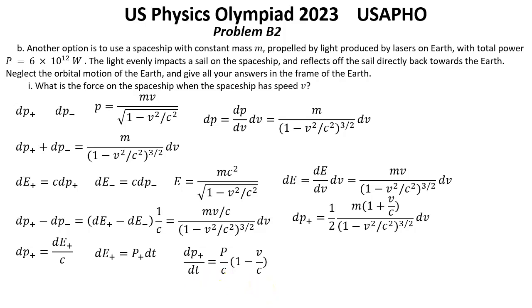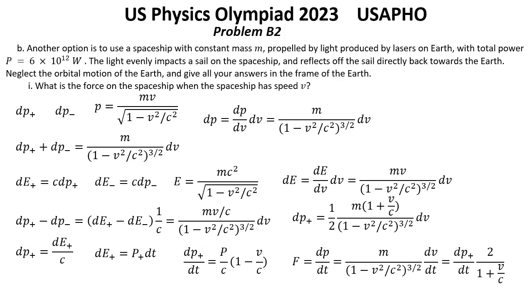Now let's write the expression for the force. By definition, force equals delta p of our ship over delta t, which is this expression, and using the expression for delta p over delta t, which is this one, we can rewrite the force in this form.